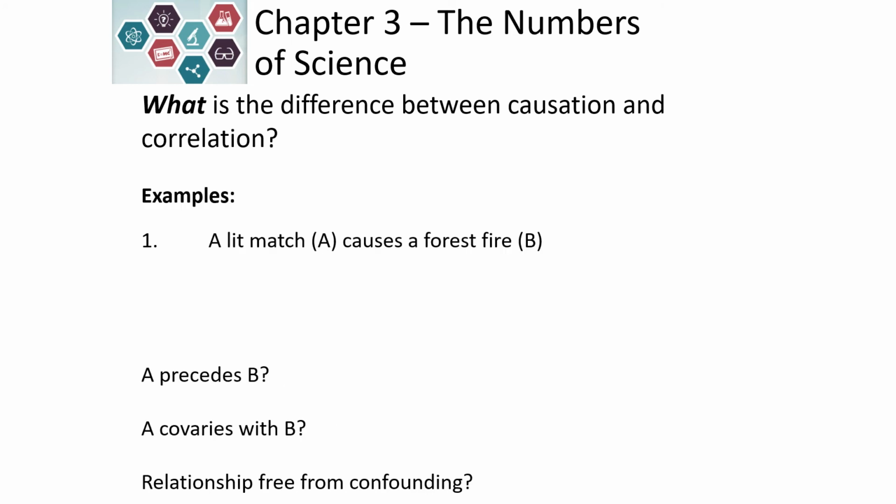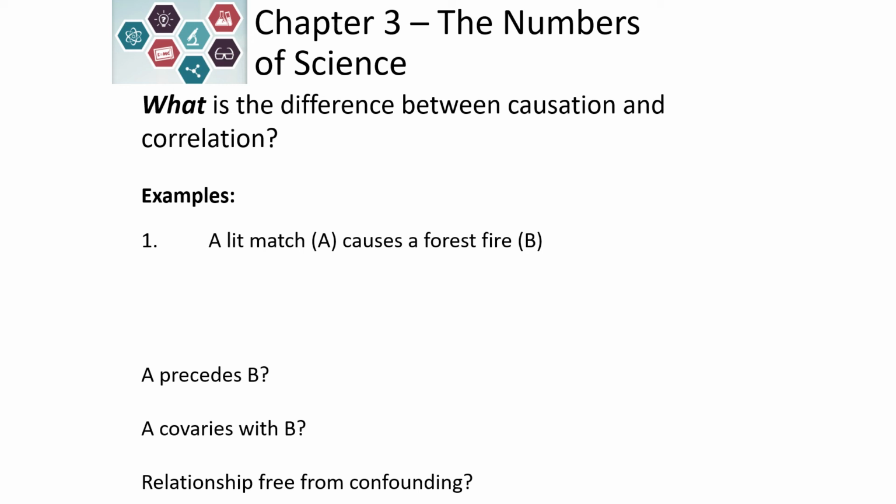Let's look at an example. If a match is lit, it causes a forest fire. Okay. Well, does A precede B? Yes, if a match is lit, it comes before the forest fire. Does A covary with B?